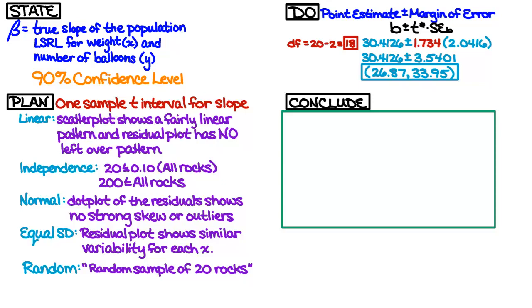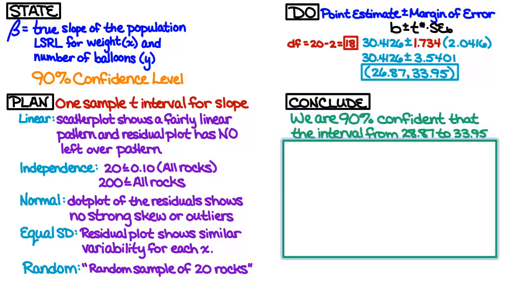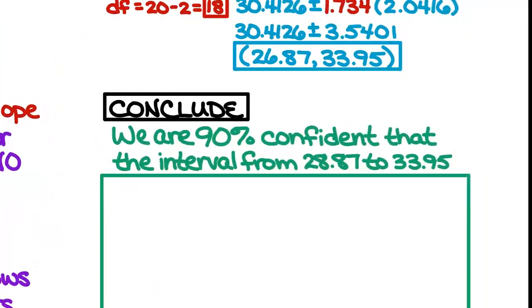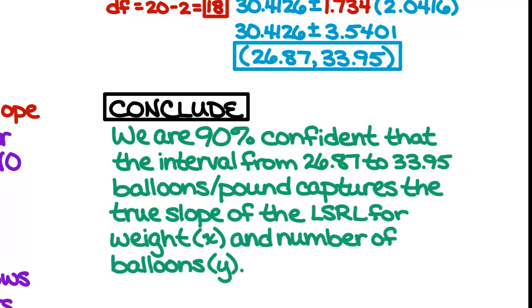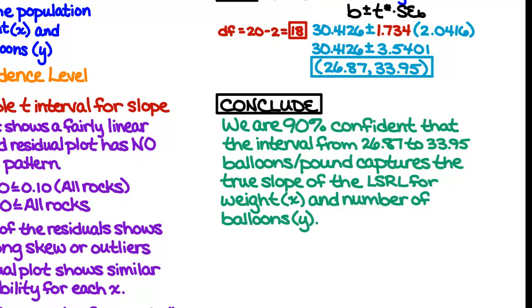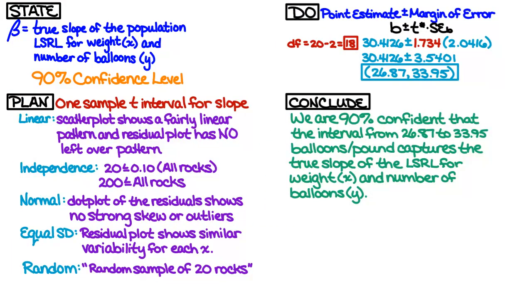Weight per balloon or pounds per balloon? There we go. Captures the true slope of the least squares regression line for weight x and number of balloons y.